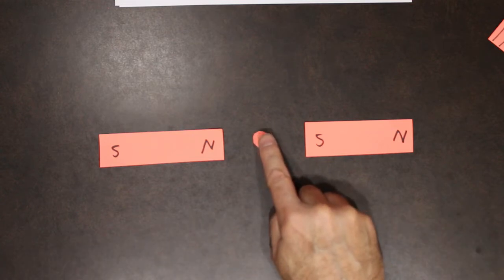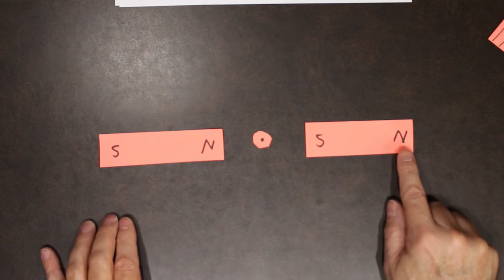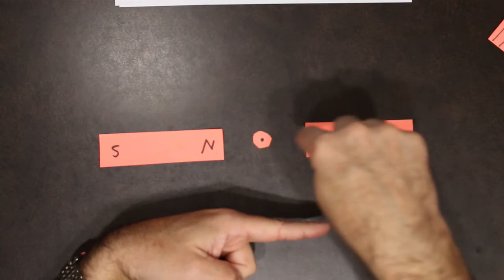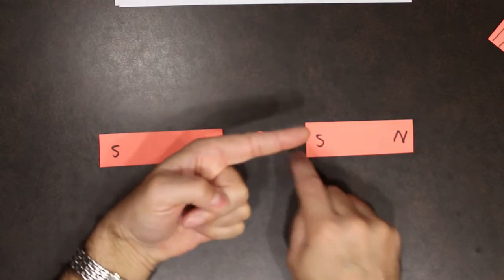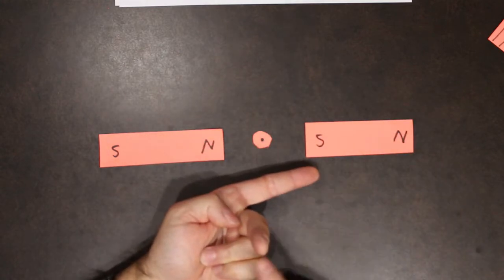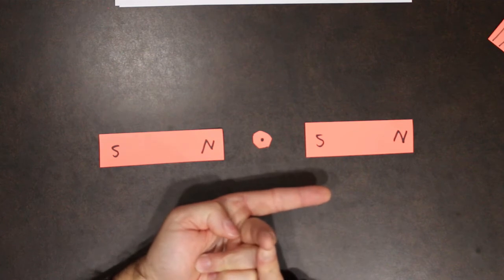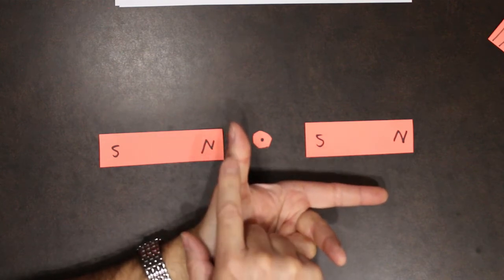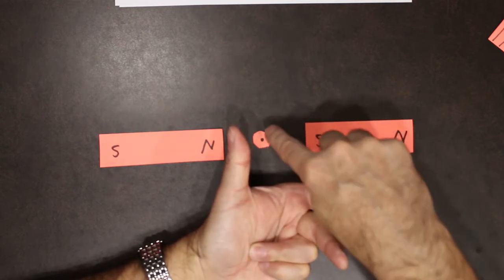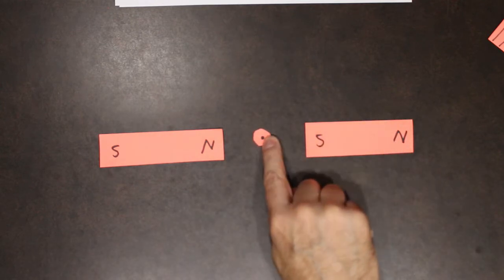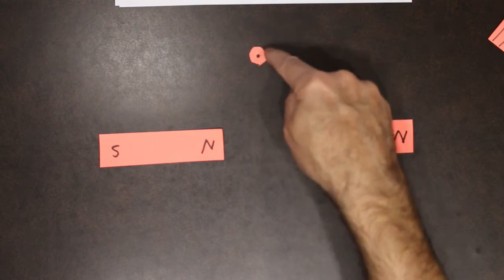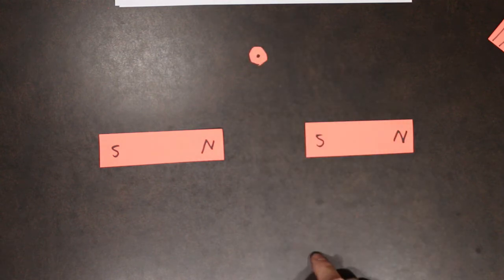If I swap the direction of current, again, index finger north to south, current is now coming out of the board. My thumb points in the direction of resulting movement of that conductor, so this conductor will move this way out of the magnetic field.